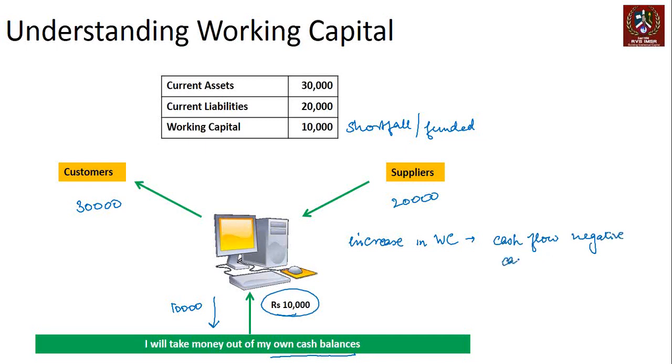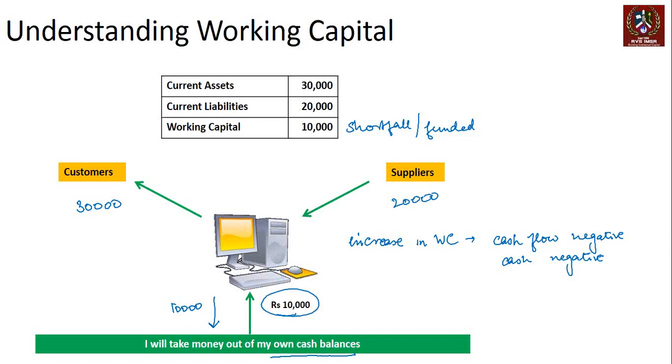It will also be cash negative for the company. So first, it will create a negative cash flow scenario. Second, it will also take out cash because there is a negative cash flow. You have to fund it somewhere, right? So you will have a cash negative scenario if there is an increase in working capital of the business, right?